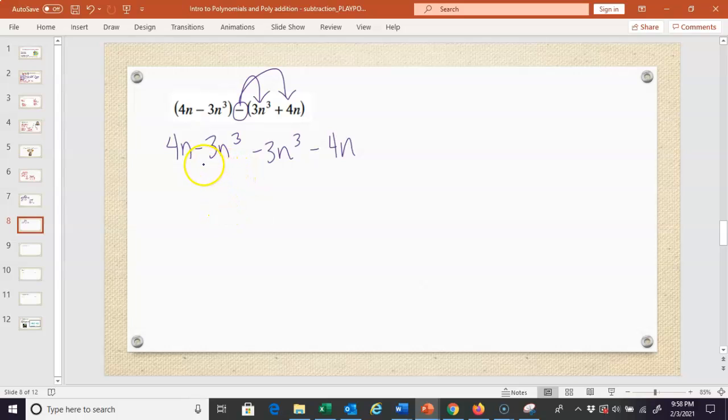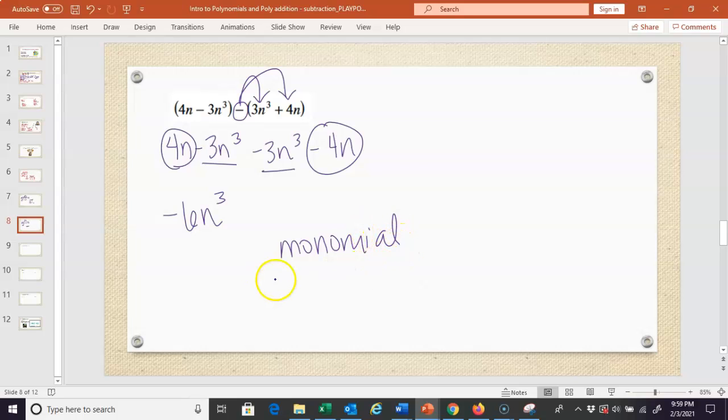Let's combine. -3n cubed minus 3n cubed is -6n cubed, and then 4n minus 4n is 0. That's it. So we have a monomial, a one-term polynomial. The degree is 3. The leading coefficient is -6.